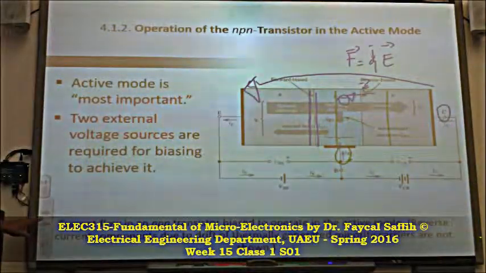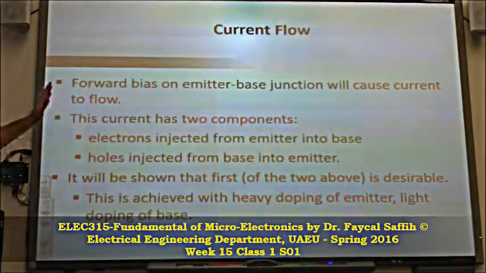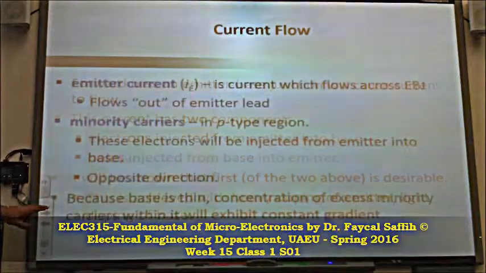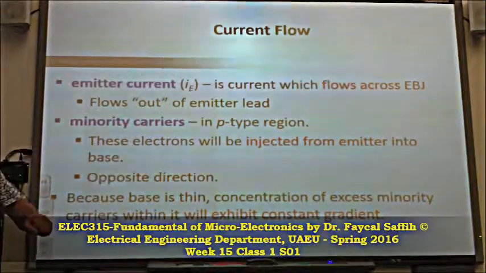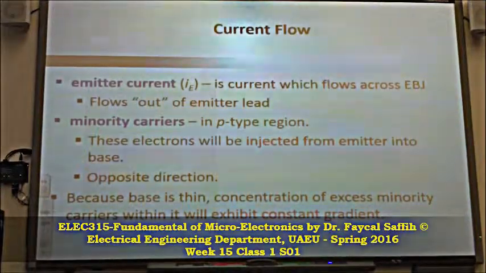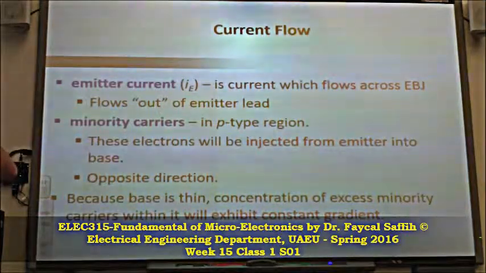That's all what we need. So what we said is explained in here. I'm not going to repeat. So the emitter current is the current of the emitter. It means it's actually coming to the emitter, not out, because the emitter emits electrons.